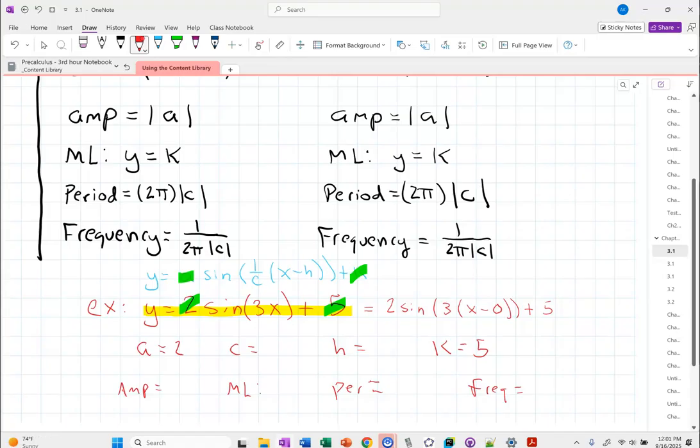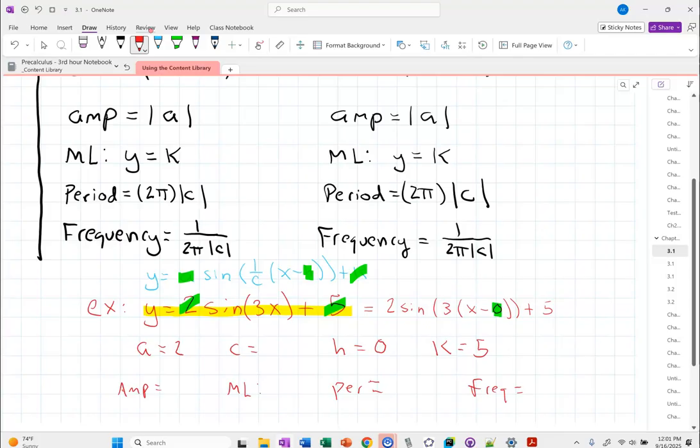If I write 3x as 3 times x minus 0, that's still just 3x, right? So now I can see that that h should be 0. We'll look at an example where h is not 0 in a moment. So far, so good?